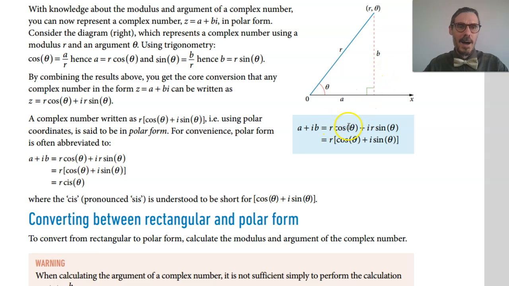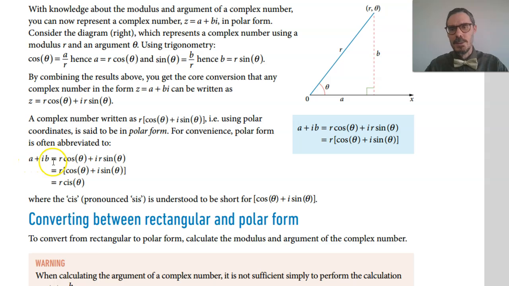That means it's r factored out times cos theta plus i sine theta. And what we do is we abbreviate cos theta plus i sine theta with a special abbreviation. And that special abbreviation is this, cis theta. It's a new piece of trigonometric abbreviation for you. Cis theta means cos theta plus i sine theta.